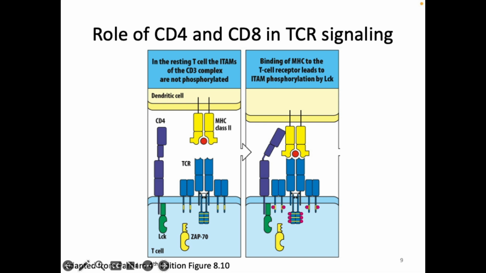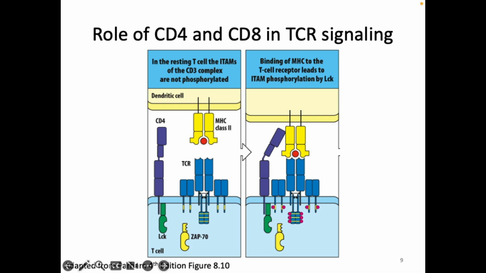In this image, you can see our yellow rectangle areas of those ITAMs that are part of the CD3 molecule attached to T cell receptor. And when we pull CD4 in this case, or CD8 if it was a CD8 T cell, when we pull that co-receptor close to the T cell receptor because of the interaction with MHC plus peptide, that pulls this intracellular domain close.